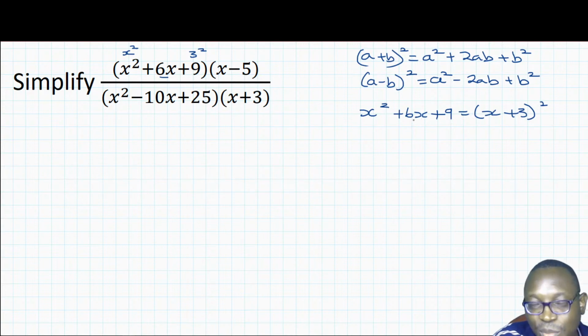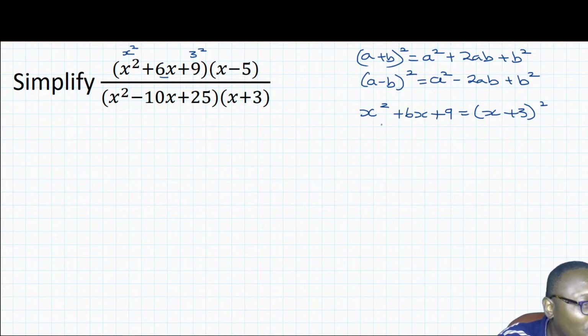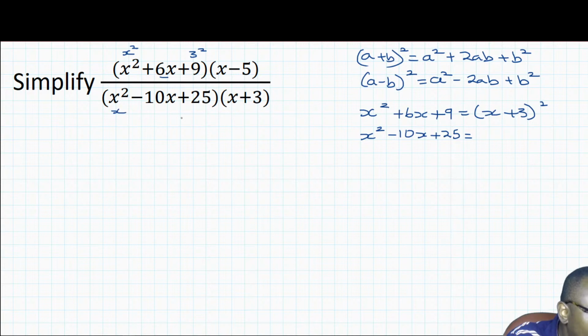And then let's look at the bottom one, and I'm going to see if you guys can simplify it once we're done. The bottom one is x squared minus 10x plus 25. So here you're going to have x, and then you're going to have 5. It could be positive or negative, but because I know that this is a negative number, I'm going to use negative 5 here. So x multiplied by negative 5 is negative 5x multiplied by 2.